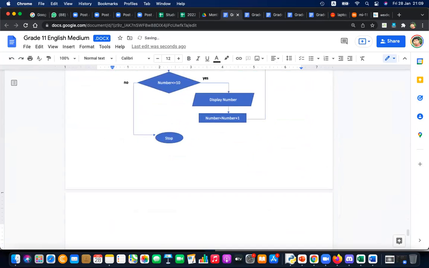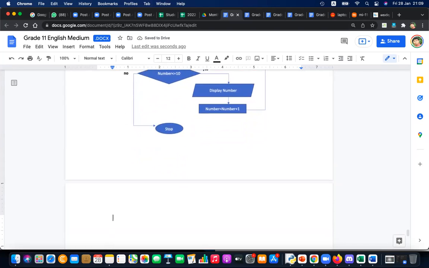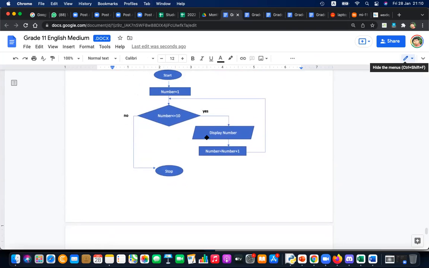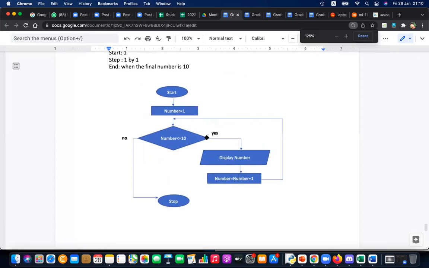Okay, what is the pseudocode? Writing the same thing, but there are 3 methods of doing that. So pseudocode means writing the same code. The same thing which is in the boxes in this flow chart, but without those boxes.